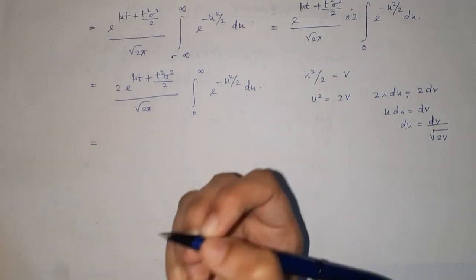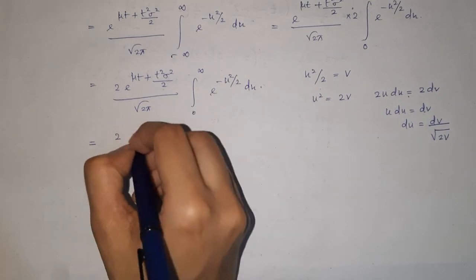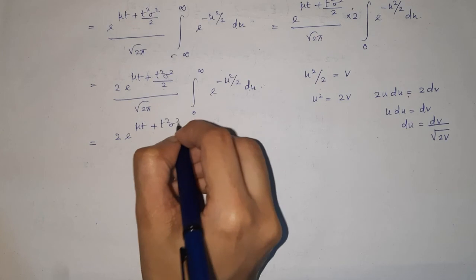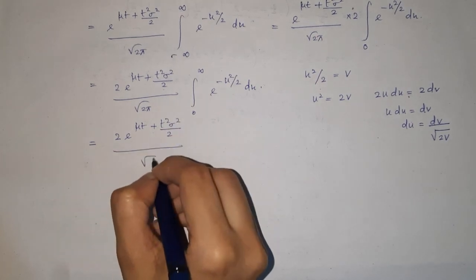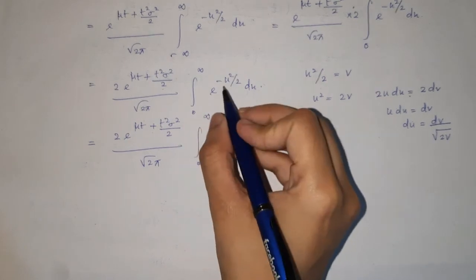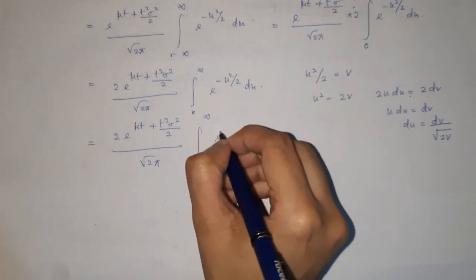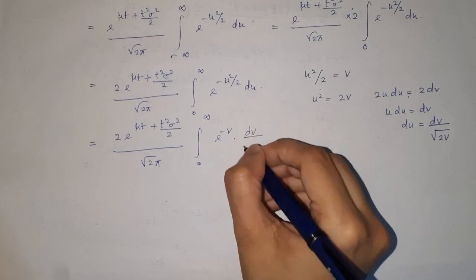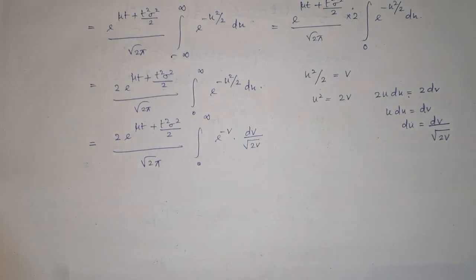So, from this, we will get 2 into e raised to mu t plus t square sigma square divided by 2, divided by root 2, by integral 0 to infinity. We are going to replace this: e raised to minus v into dv divided by root 2v.